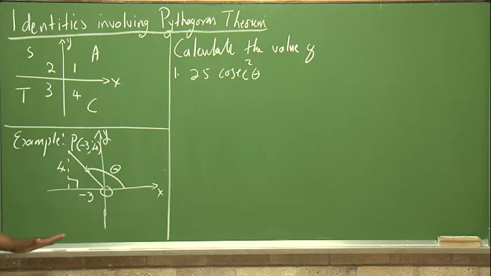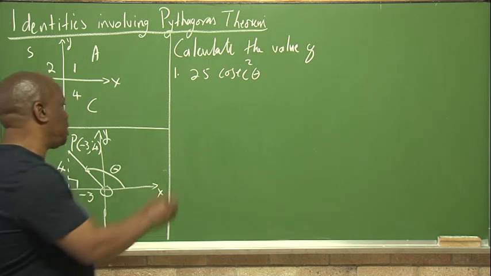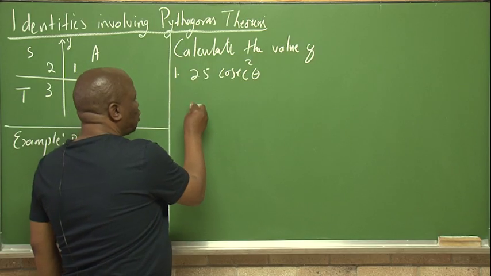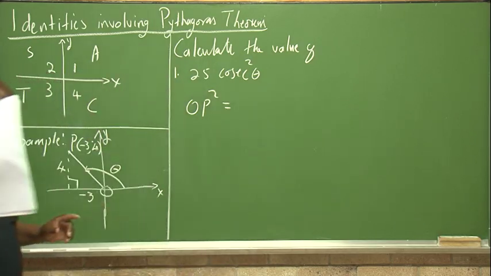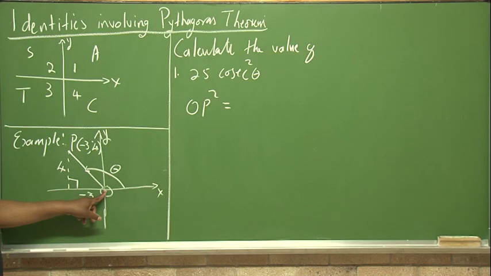So if you look at this, we have this side as -3, this side as 4. What will be the length of OP? Then we need to work out the length of OP by using Pythagoras Theorem. According to Pythagoras Theorem, the square on the hypotenuse is equal to the sum of squares on the other two sides.